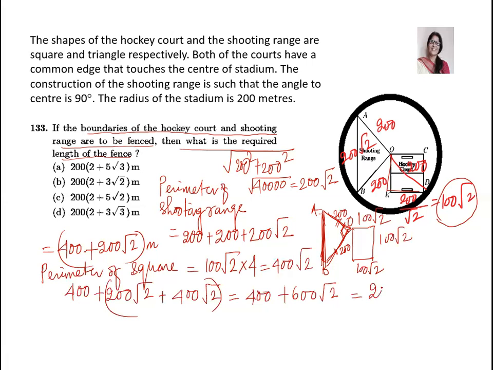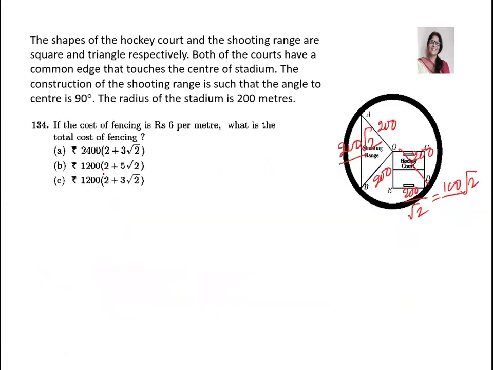I can take 200 common. What will be left here? It will be left 2. And what will be left here? 3, because 3 times 200 is 600, so 3 root 2. So 200 multiplied by 2 plus 3 root 2. Now check the answer. Is A the answer? No. Is this the answer? Yes. So B is the answer.